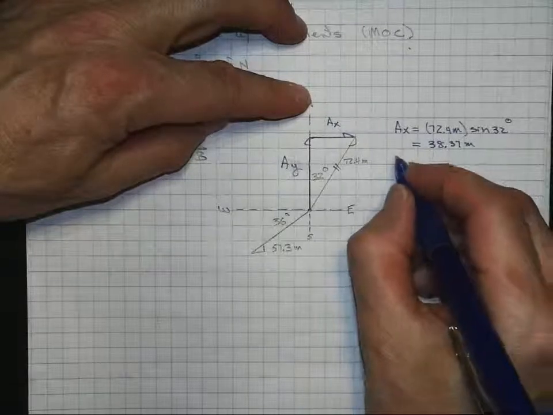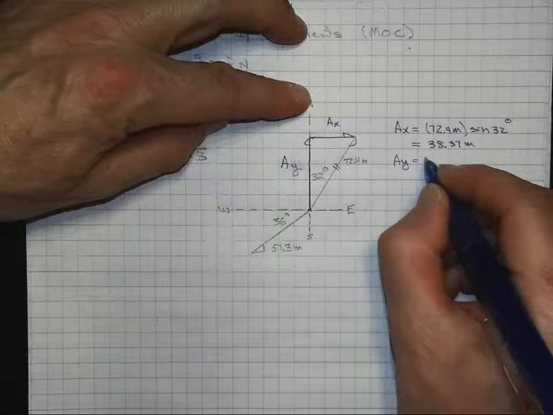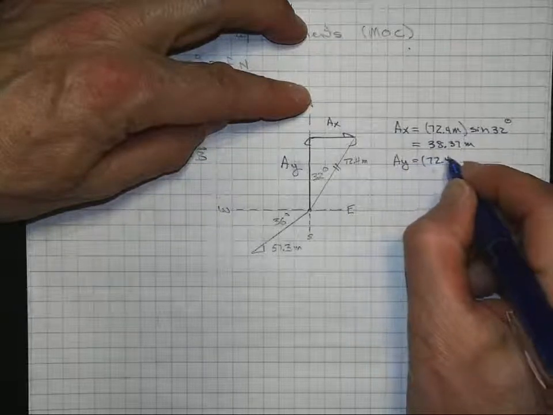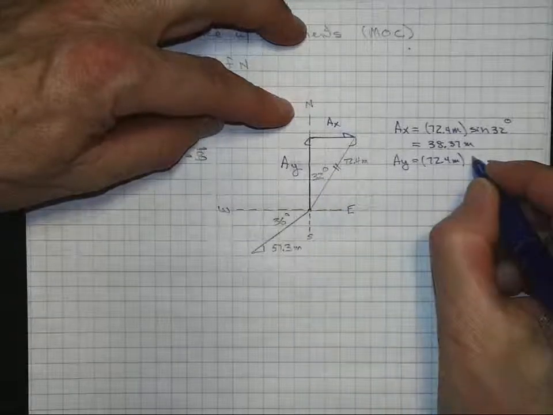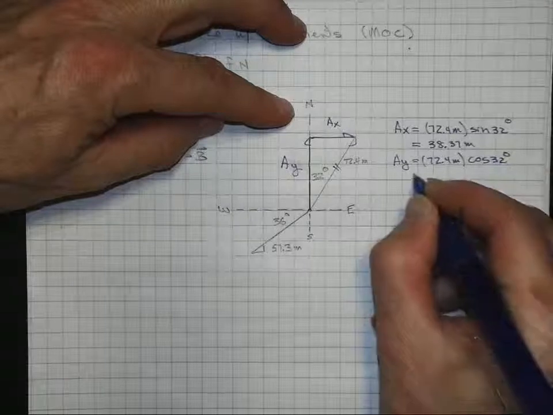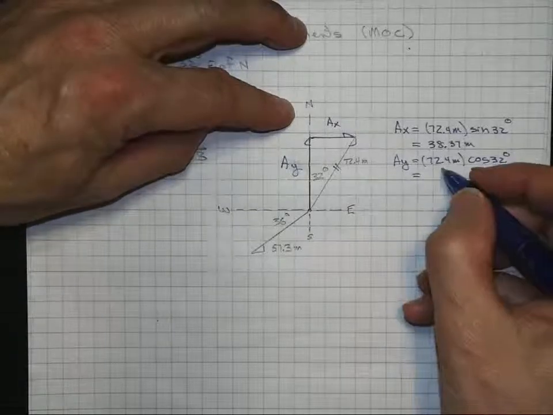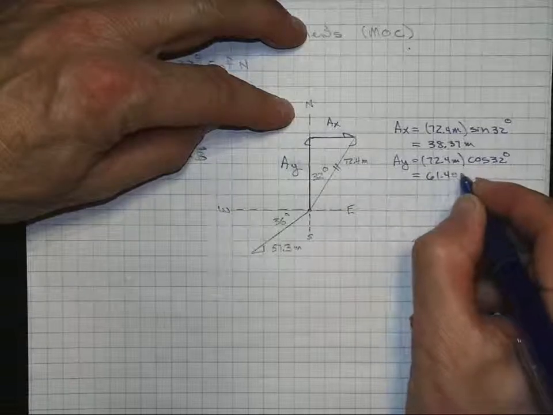The y part of A, AY, will equal 72.4 meters, and it's the adjacent side of the right triangle, so it'll be the cosine of 32 degrees. On a scientific calculator, we would get that AY equals 61.40 meters.